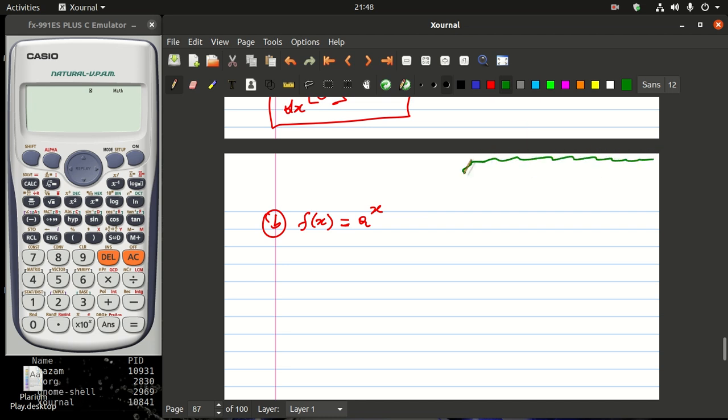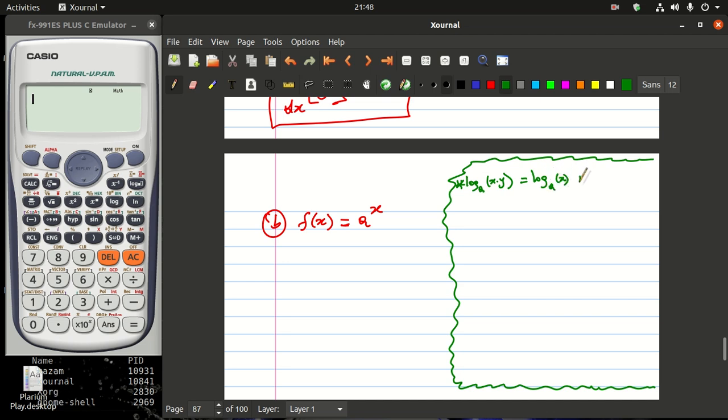laws of logarithms, and also you still remember the change of bases, we said that the first one was if I have log a of x times y, this is the same as log a of x plus log a of y. And if I have log a of x over y, this is the same as log a of x minus log a of y.